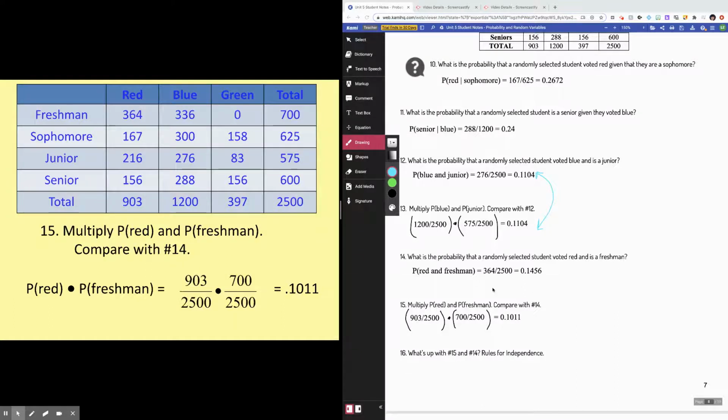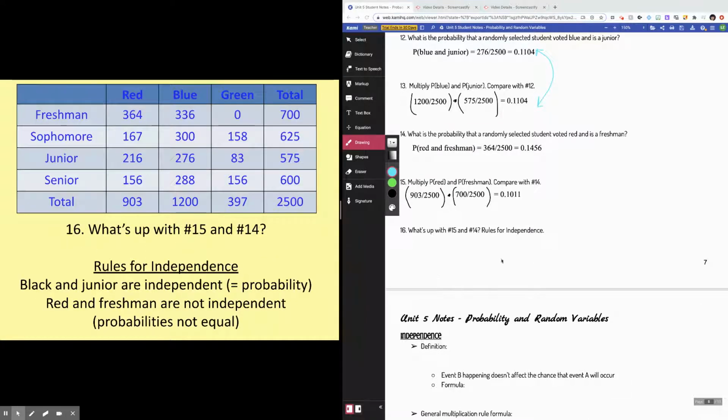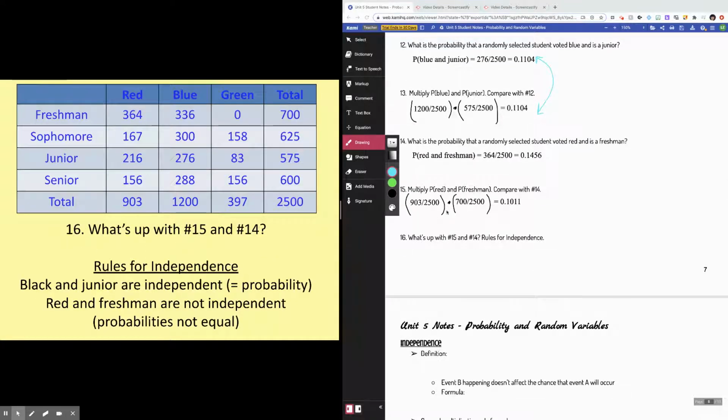Okay, so 16 in your notes asks what's happening with 14 and 15? Why weren't those answers the same like 12 and 13 were? The reason they're not the same is because we have rules for something called independence.